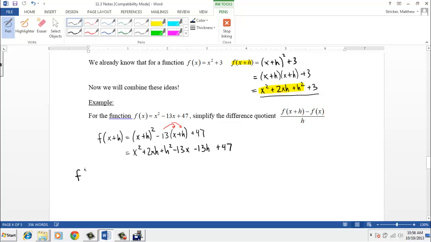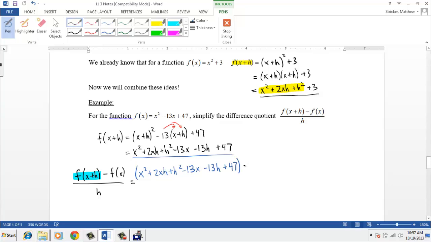So the difference quotient, f of x plus h minus f of x over h, becomes simply the first part here, the f of x plus h. That's going to become what we already calculated: x squared plus 2xh plus h squared minus 13x minus 13h plus 47.